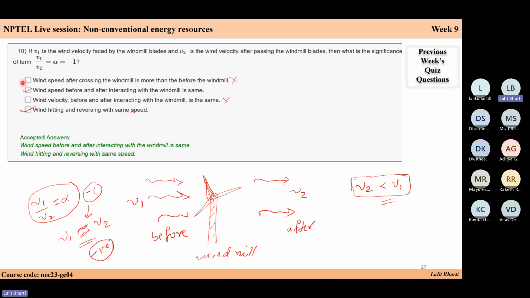So the options are: wind speed after crossing the windmill is more than before the windmill; wind speed before and after interacting with the windmill is the same; wind velocity before and after interacting with the windmill is the same; and wind hitting and reversing at the same speed.